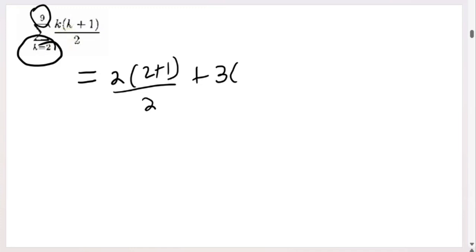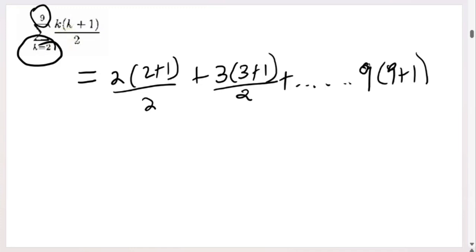So you're going to have 9 into 9 plus 1 divided by 2. Okay, so that is going to be your last term.